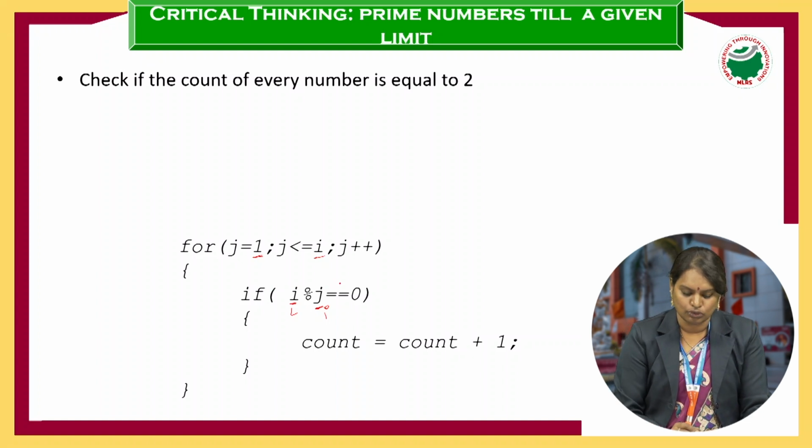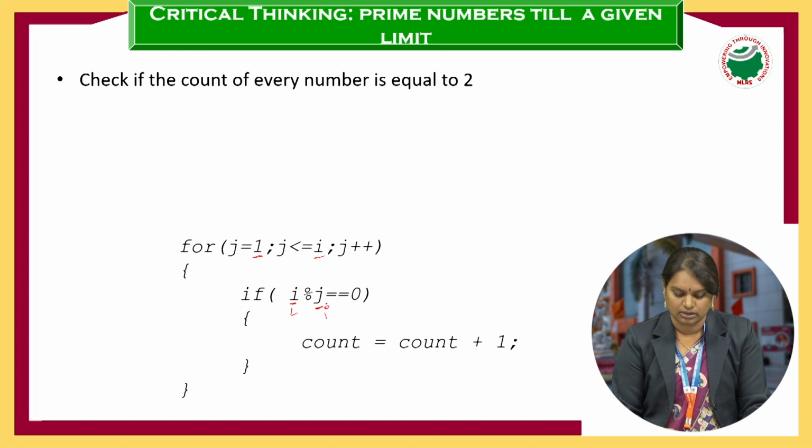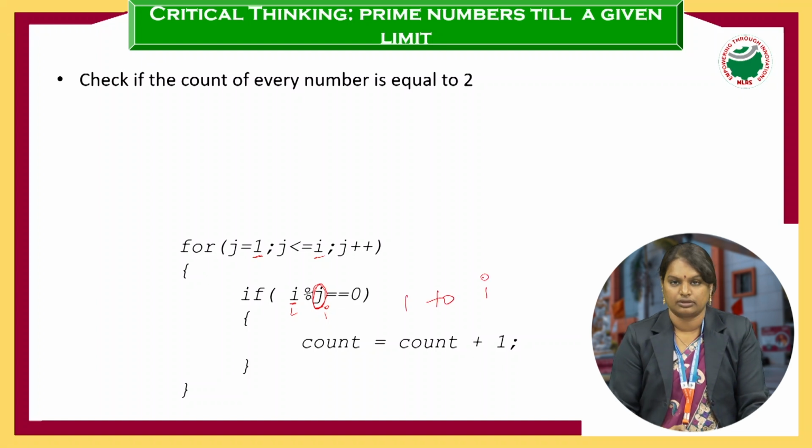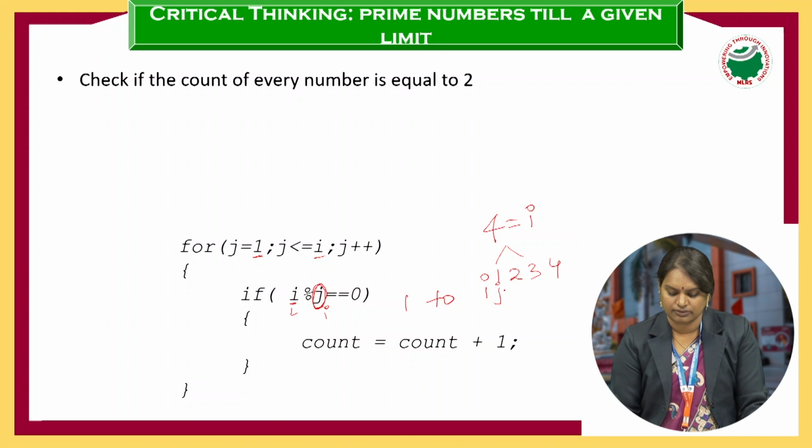Then this is the set loop. For this for loop, I am only talking about the j situation. That is, j will be rotating from 1 up to the limit i. If the value of i is, for example, 4, then my j will be rotating 1, 2, 3, 4, because i is 4, so j starts from 1 up to j equal to 4.